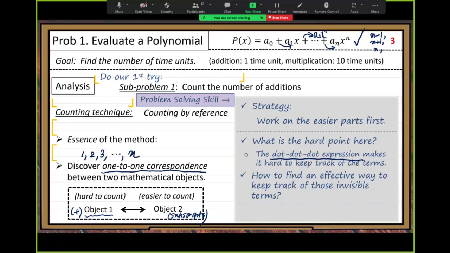Tell me, how many subscripts do we have in this list? Because 0 is not included. There is no plus sign associated with A0, so we do not include the 0 subscript in our list.